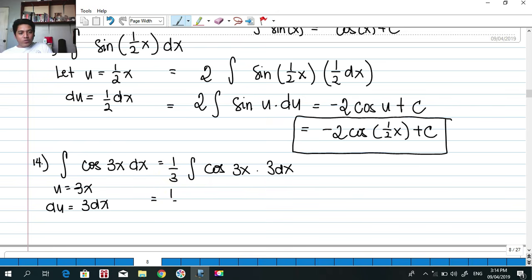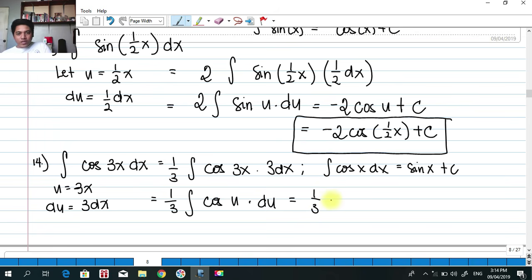Substitute 1/3 integral of cosine u, where 3 dx is du. The integral of cosine x dx is simply sine of x plus c. So we have 1/3 sine u plus c, where u is 3x, so 1/3 sine of 3x plus c.